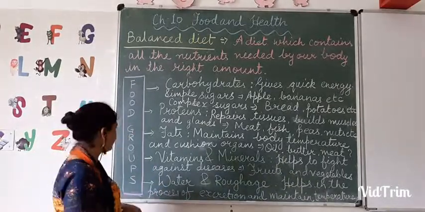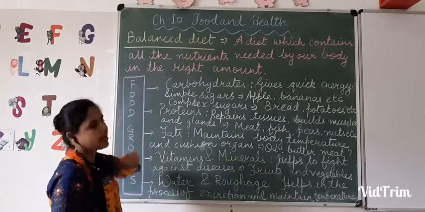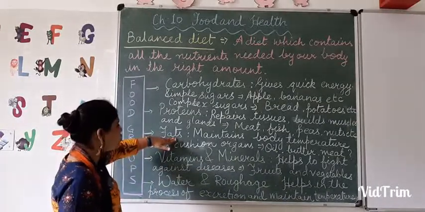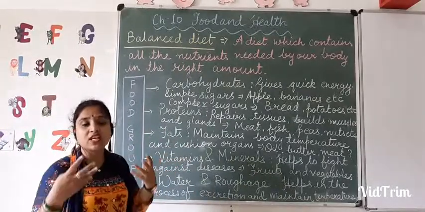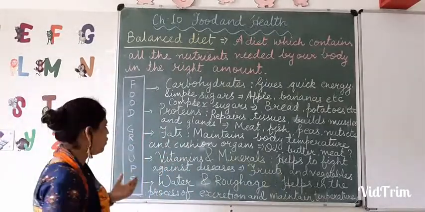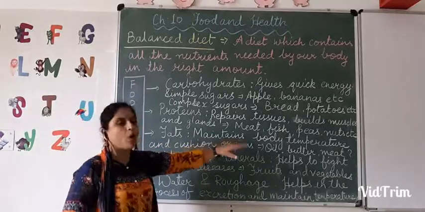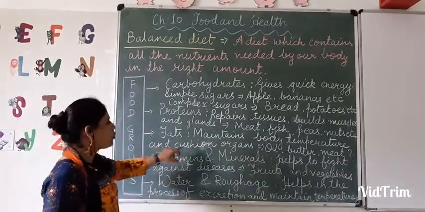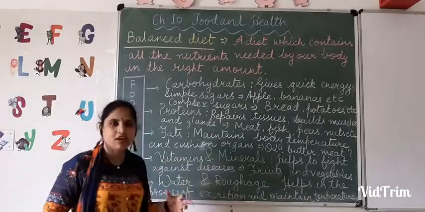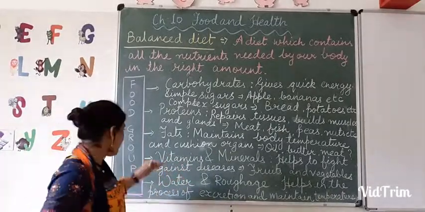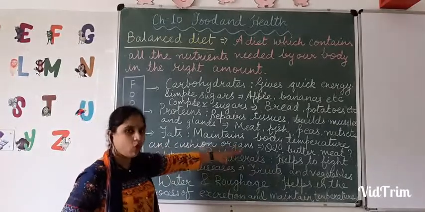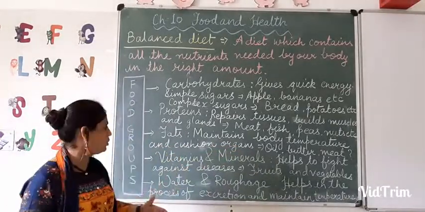The next category in this food group is fats. So fats are known as glow foods. It gives us glow. It gives glow to our skin. Okay. So it maintains body temperature and cushions the organs. Fat is the extra muscle part that gives the cushion to the organs, means it gives support to the organs.